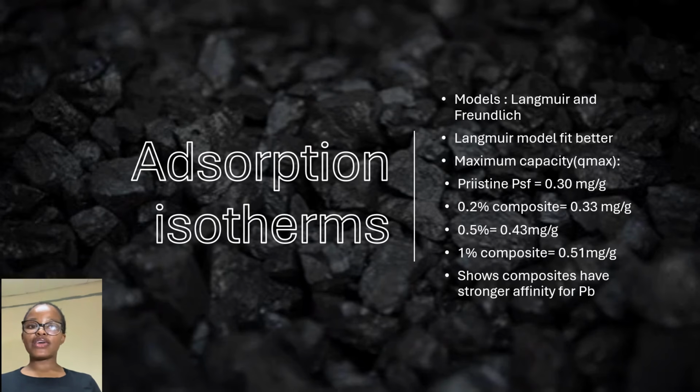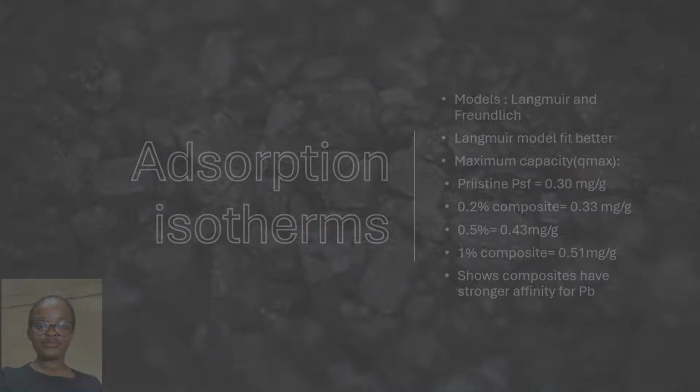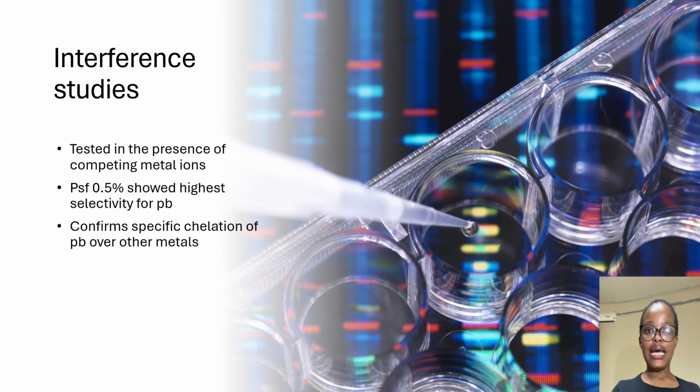Maximum capacity increased with higher composite content, reaching 0.51 mg per gram for the 1% composite, showing strong affinity for lead. Lastly, interference studies confirmed that the composite, especially the 0.5% one, had high selectivity for lead over other metals.